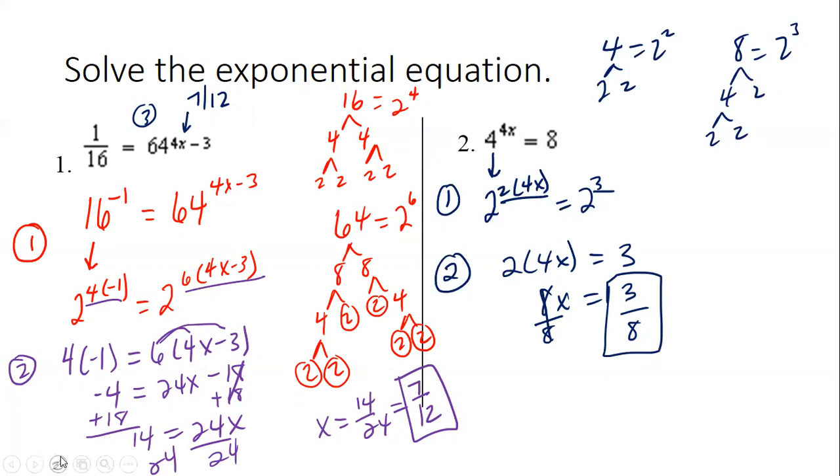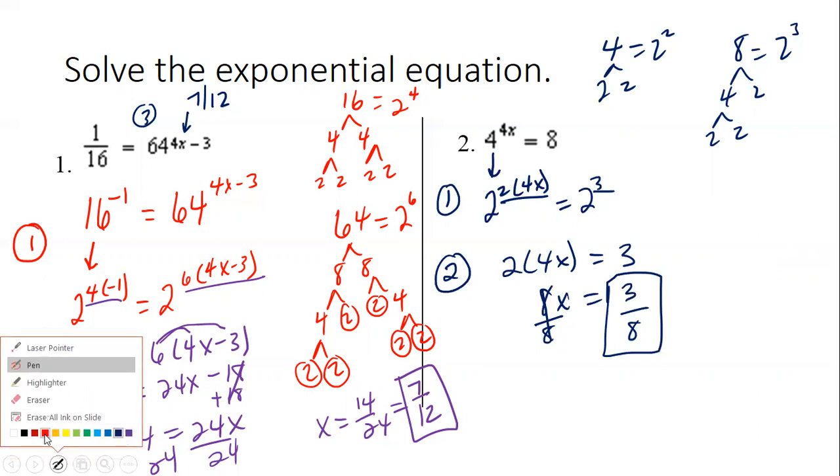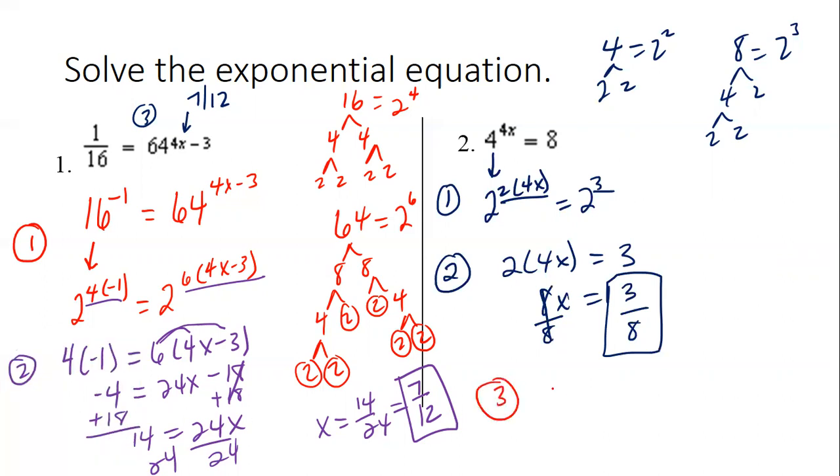So again, checking myself. To check yourself, you would plug in 3/8, which is going to give me 4 to the 12/8. So I'm going to go to my handy dandy calculator and see if 4 to the 12/8 gives me 8.